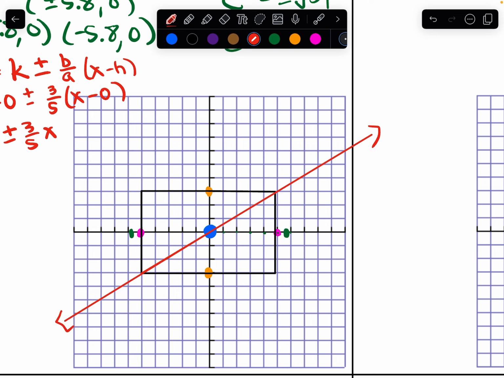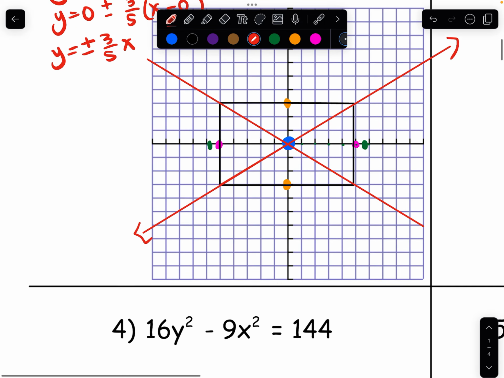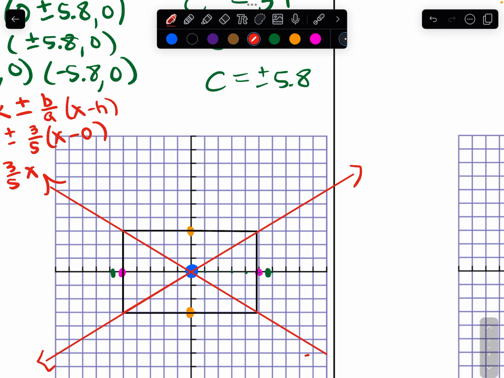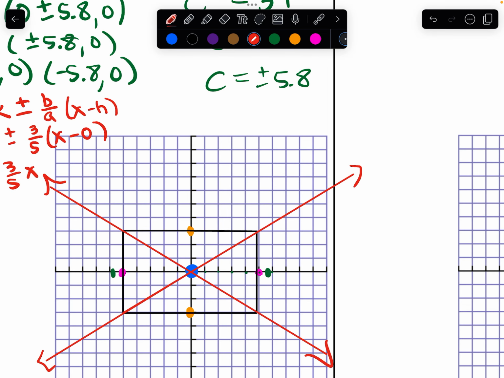There we go. And oops, that was horrible. Like so. Oops. Okay. And it opens left and right. So I'm going to draw this like this. And yes, it's not perfect, but that's okay. Like this. And there you have it.